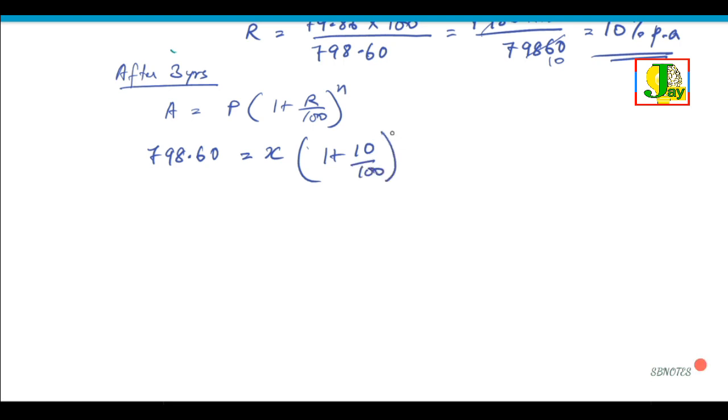N is 3 years. So this becomes x into 11 by 10 power 3.